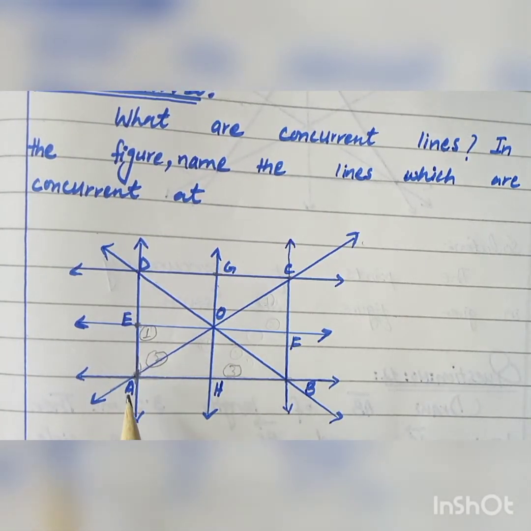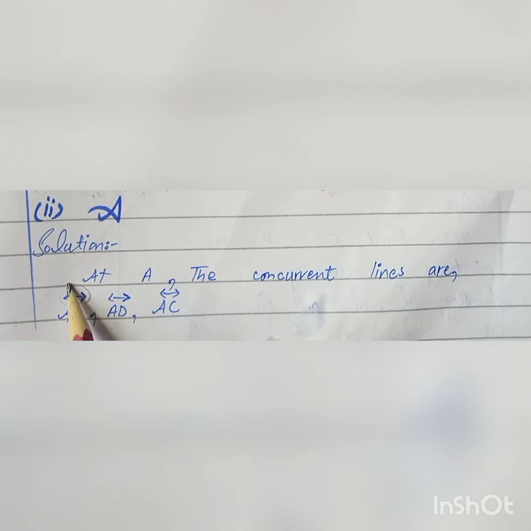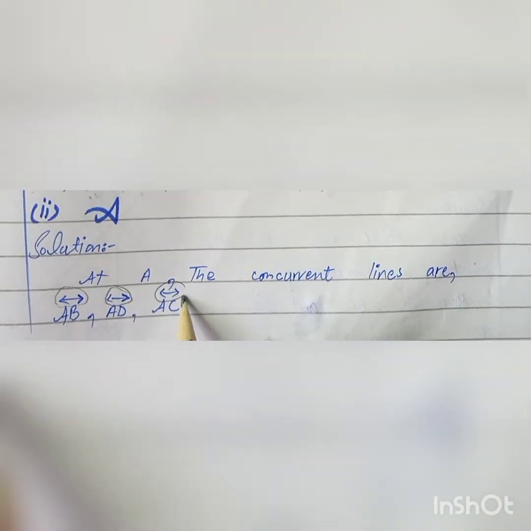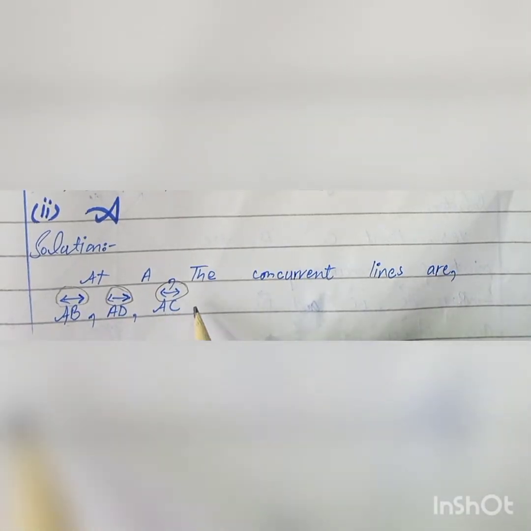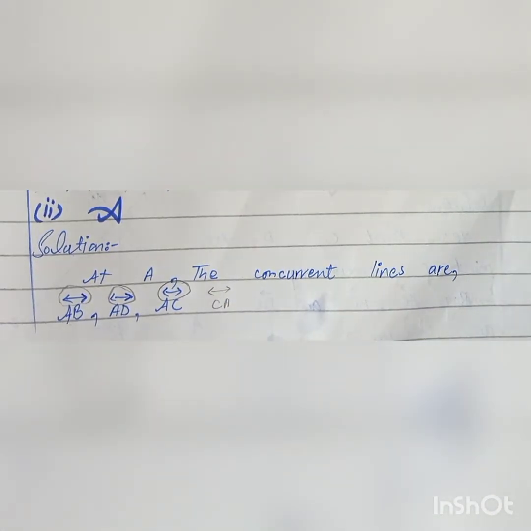These are the three lines that meet at the point A. At point A, the concurrent lines are line AB, line AD, line AC. Students, you can change the sequence of the names of the lines, AC to CA, where the representation is the same. So these are the three lines concurrent at the point A.